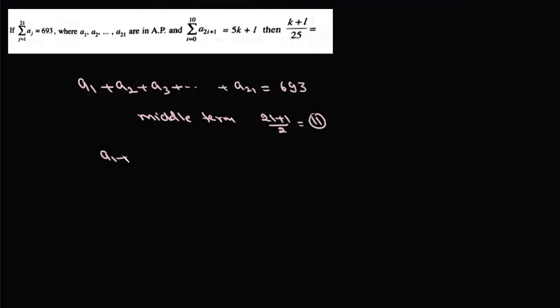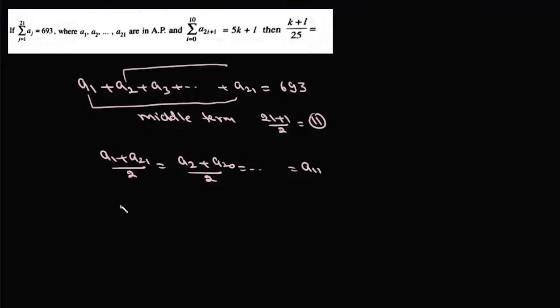So A1 plus A21 by 2 equals A2 plus A20 by 2, and it will be equal to A11. We can make these pairs. So we'll form 10 pairs of A1 plus A21, and that will be equal to 2 times A11, plus A11, and that is equal to 693.